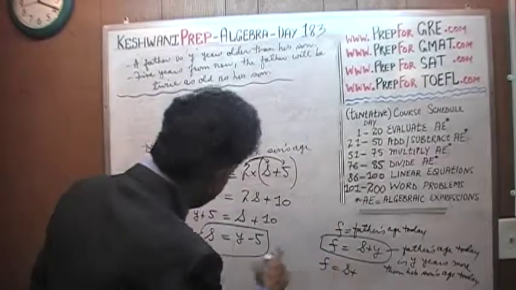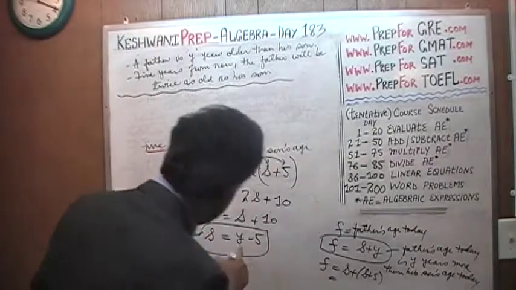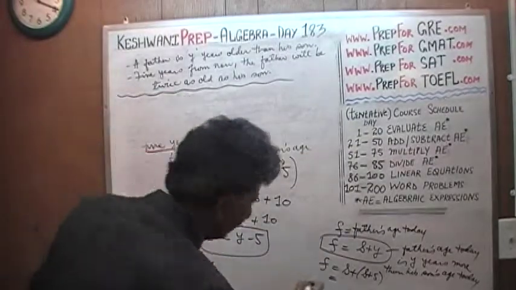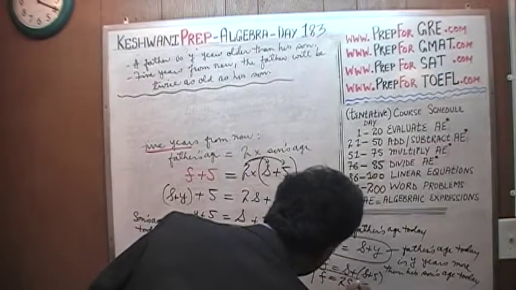So we're going to replace that y with s plus 5, from this equation right here. So it is 2s plus 5. That's the father's.